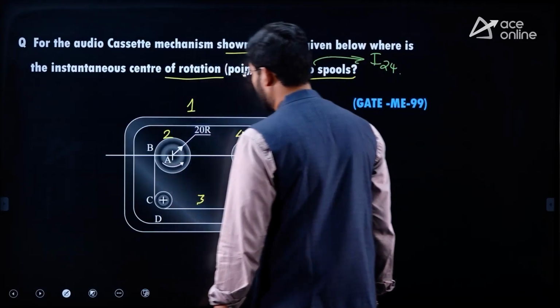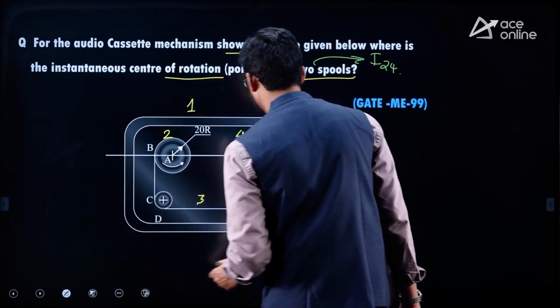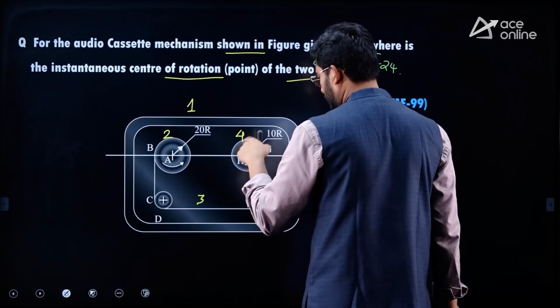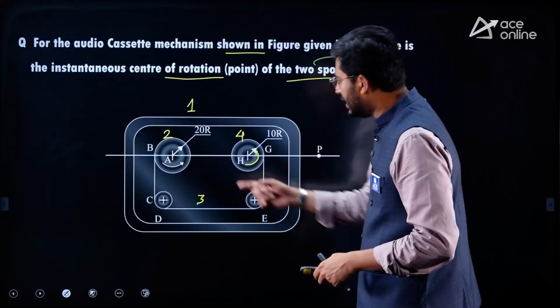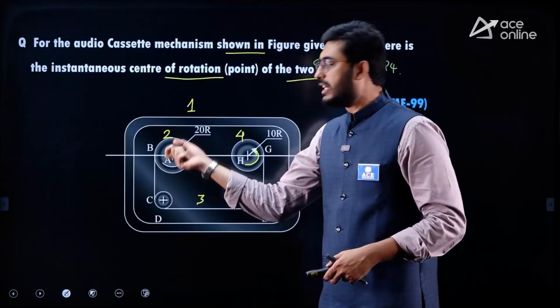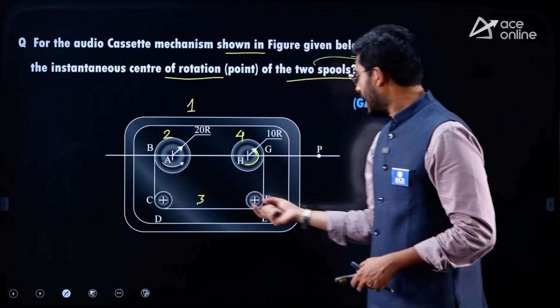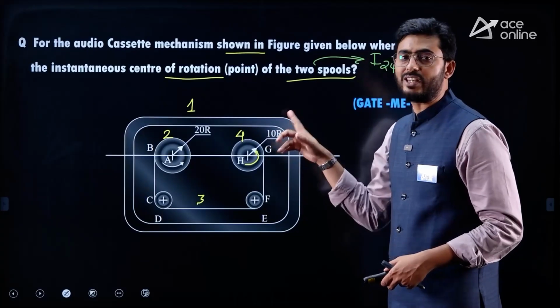If the right spool is trying to wind the wire, rotating counterclockwise, then the other has to get unwound. Link number 2 should be unwinding the tape, and then link number 4 will be wrapping the tape around itself.